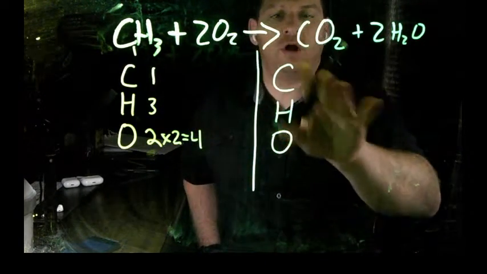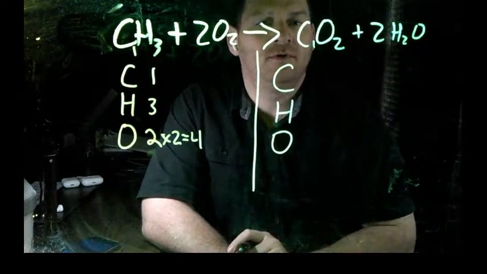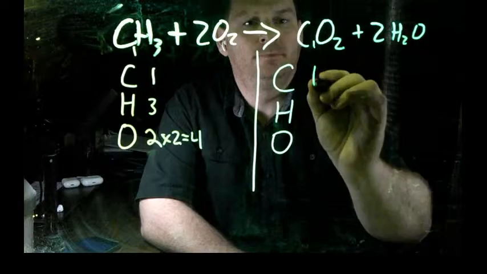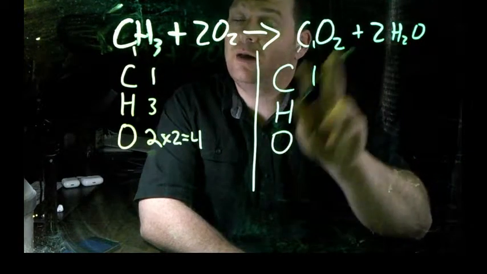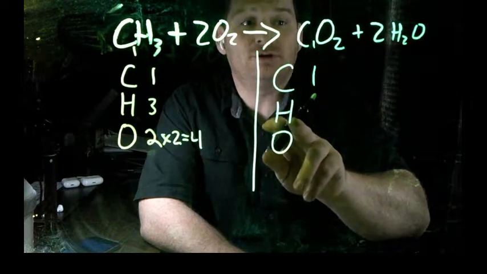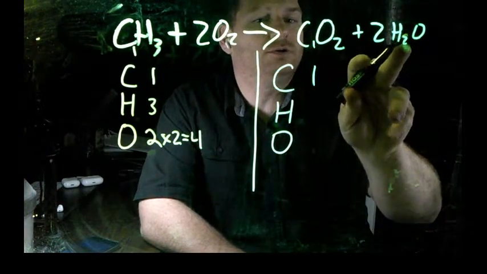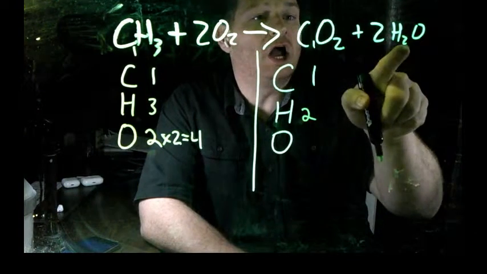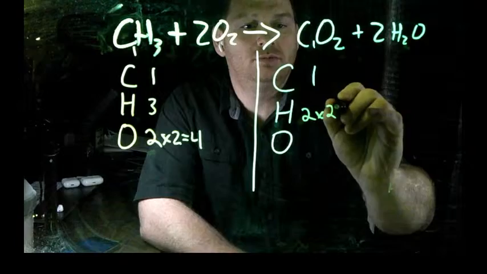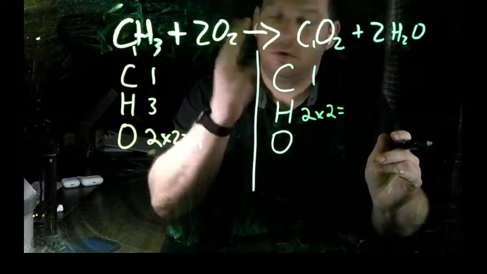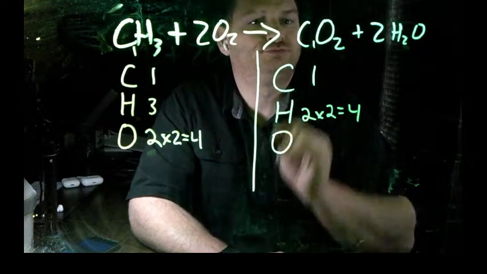Now let's take it to the product side. So we have carbon, imaginary number 1. Oxygen. Oh no, I'm sorry, I'm going out of order now. Hydrogen. See, I almost messed it up. Go here, I have a 2. A coefficient of 2, so 2 multiplied by 2, which will equal 4. Now oxygen.